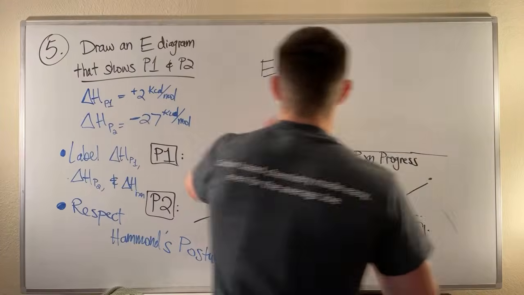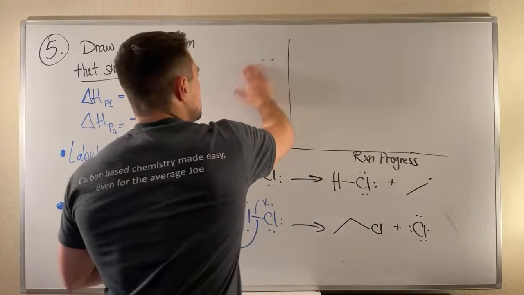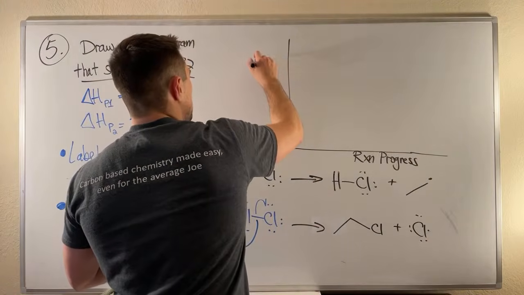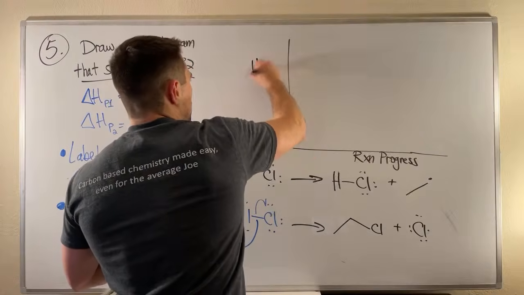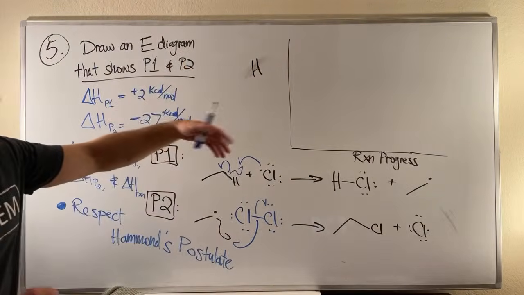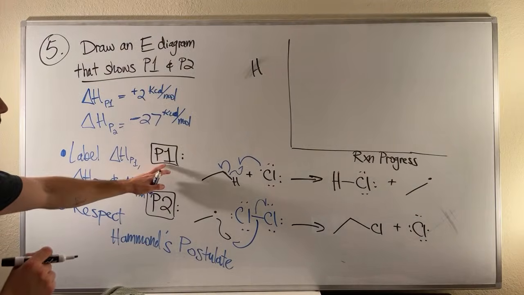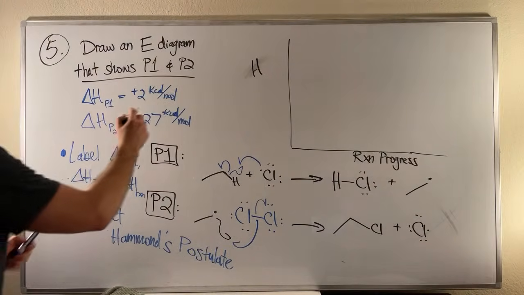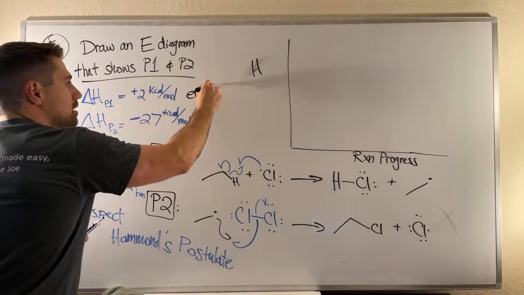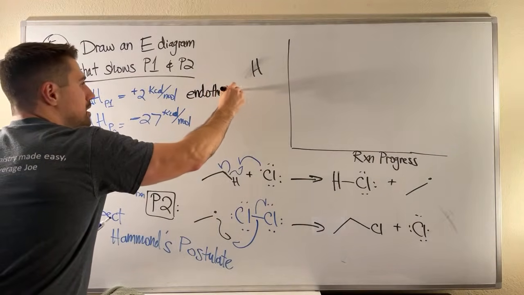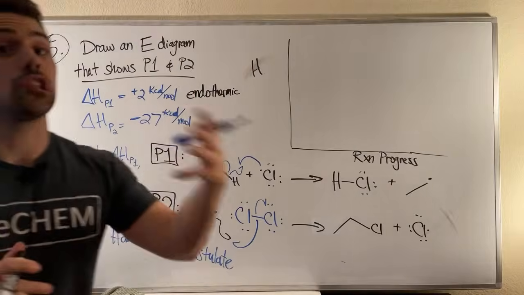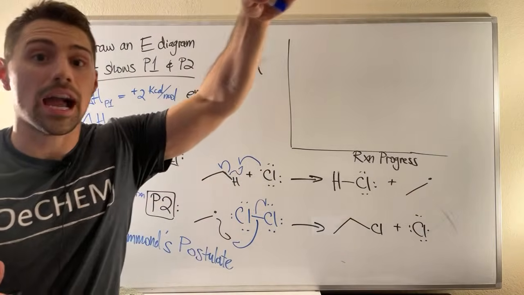So if I just do energy, or actually, instead of E we could just put enthalpy, H, whatever you want to put up there. We know that P1 is actually endothermic. Because endothermic reactions are slow, you go from lower energy to higher energy.